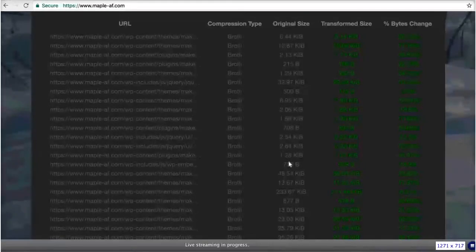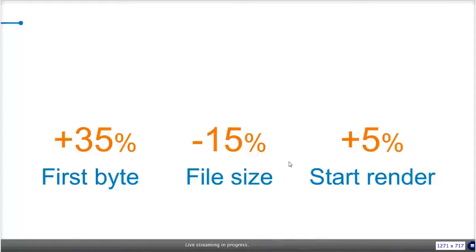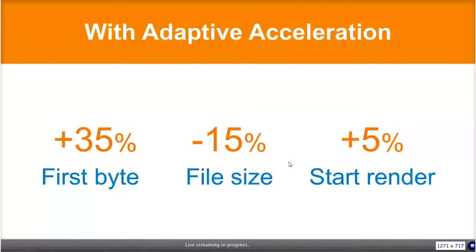So to wrap this up and conclude here with the adaptive acceleration, what we're able to see with automatic push and pre-connect as well as Resource Optimizer is we're able to improve that first byte, so the time that it takes for that data to get into the browser, at least 35%. In fact, we see significant improvement, as you can imagine, with push on that first byte arriving in the browser.